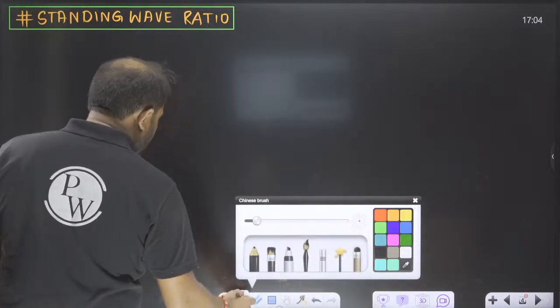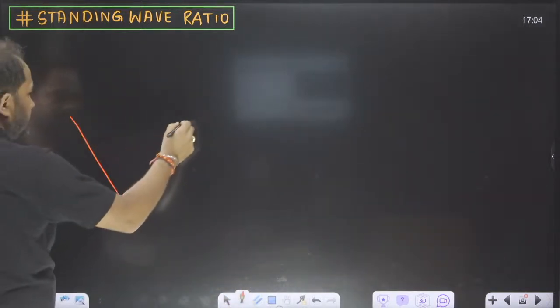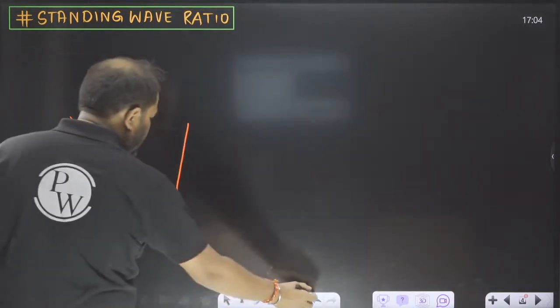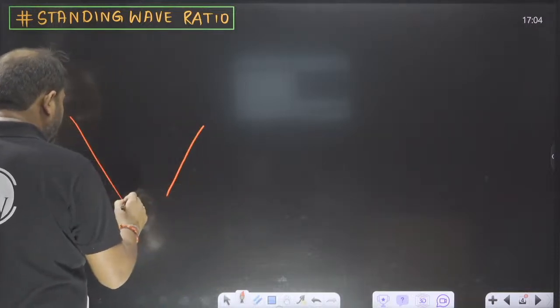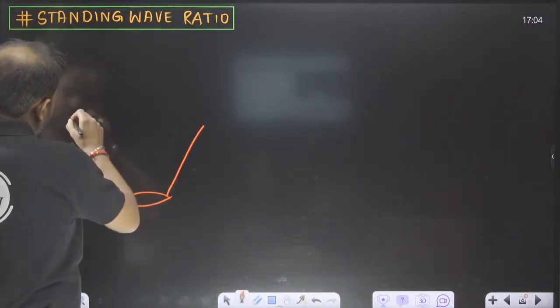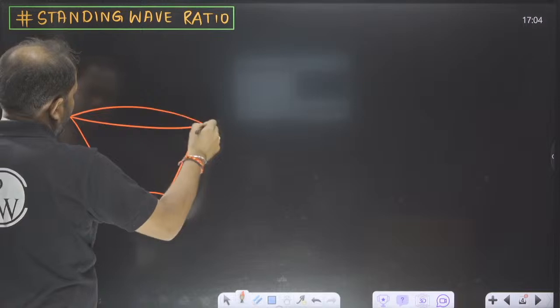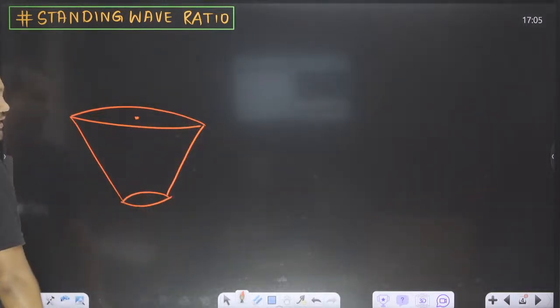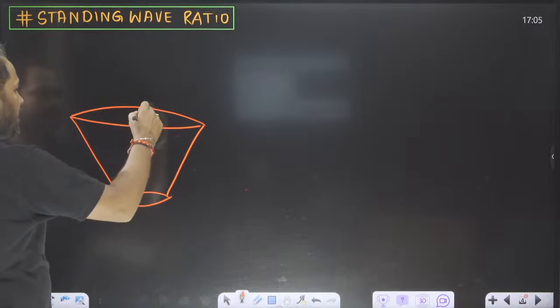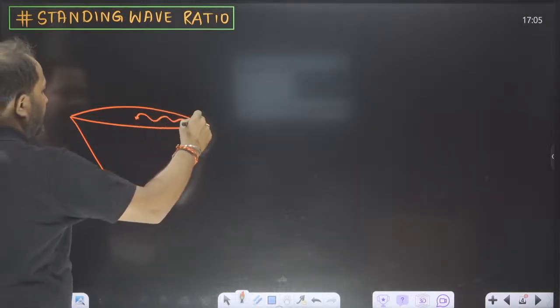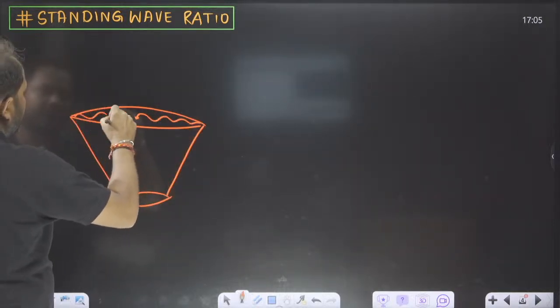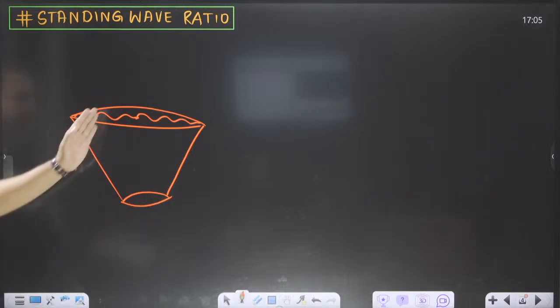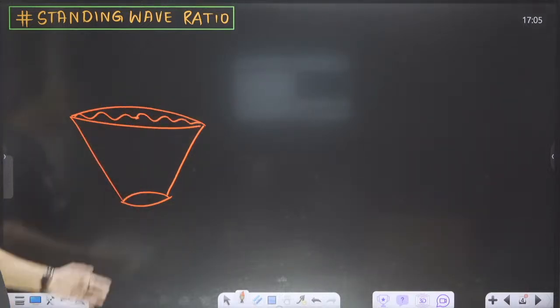This is a bucket of water. In this bucket, if we throw one stone, then a wave is generated, and the wave will travel towards the end of the bucket.